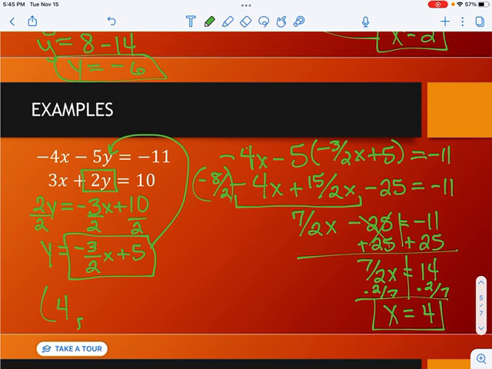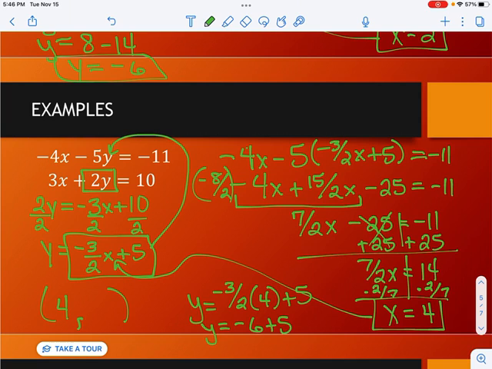And that's for x. So now I take that, plug it in here. So I would go y equals negative 3 halves times 4 plus 5. And that would leave me with 3 halves of 4, that is actually a negative 6 plus 5, which would be a negative 1.